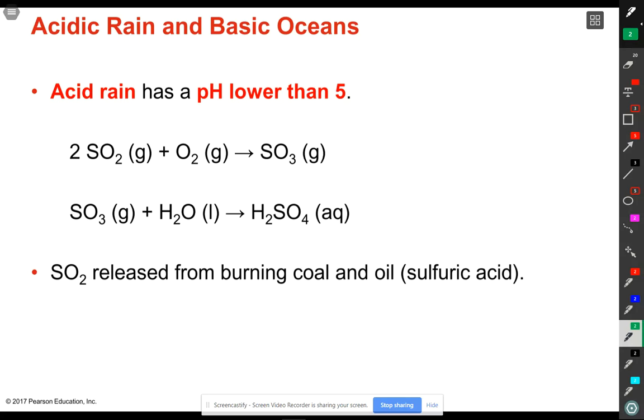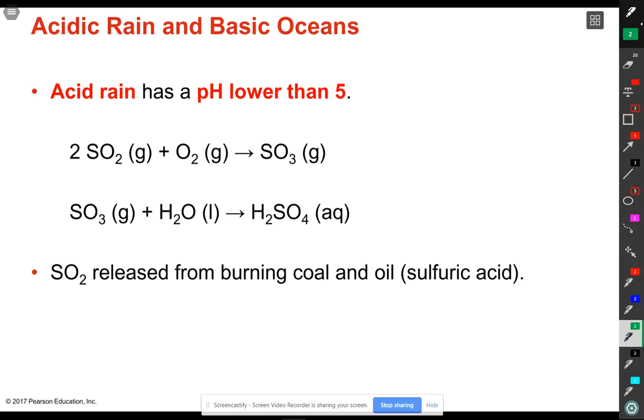So acid rain is a real problem. It was a really big problem in the 70s or 80s because of industrialization. You have places like up in Michigan where they built lots and lots of cars, and they used lots of coal, burning that coal. And when you burn the coal, it releases SO2 into the atmosphere.